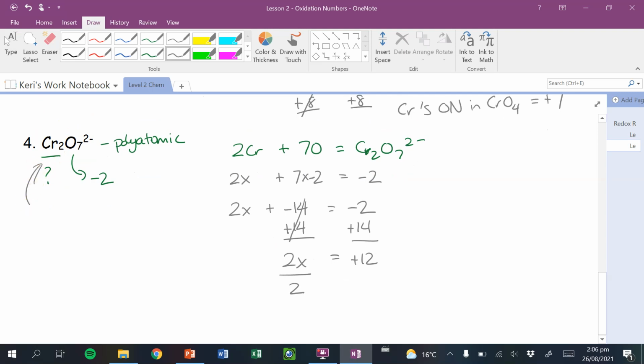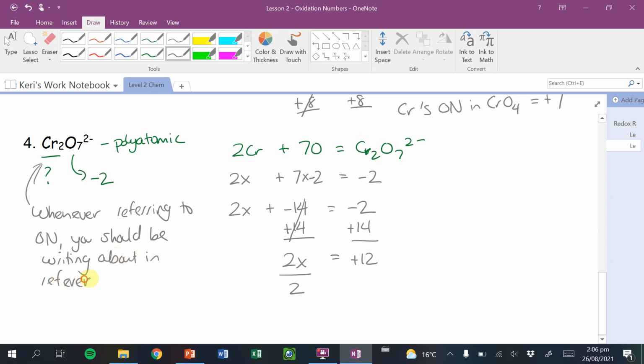So as a note to remember, whenever we're referring to oxidation numbers, you should be writing in reference to 1 atom.